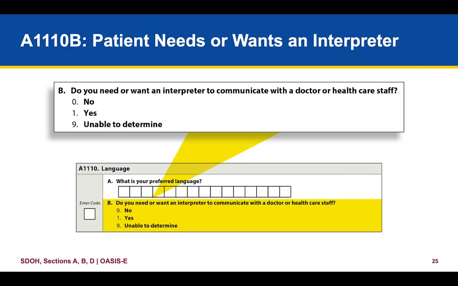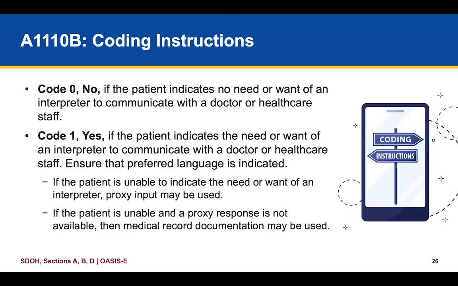For A1110B, do you need or want an interpreter to communicate with a doctor or healthcare staff? Code 0, no, if the patient indicates they do not need or want an interpreter to communicate with a doctor or healthcare staff. If the patient is unable to indicate the need or want of an interpreter, proxy input may be used to answer the question. If the patient is unable and a proxy response is not available, then medical record documentation may be used to answer this question.